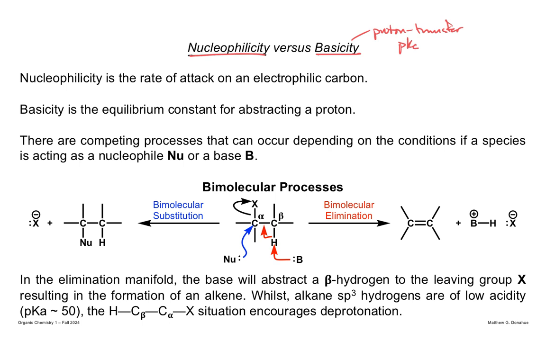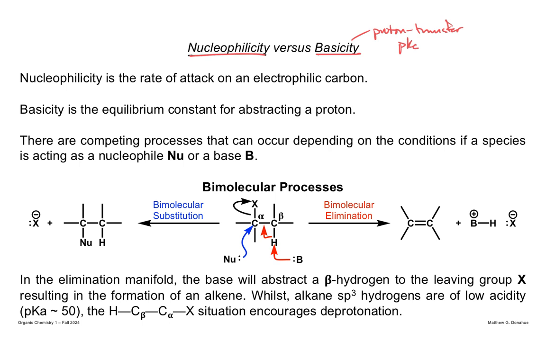So nucleophilicity is you're forming now carbon-carbon, carbon-nitrogen, carbon-oxygen bonds. So anything that forms an OH, NH, or CH, that's acid-base. And so now you have to look at those reagents and decide, is it going to be a base or is it going to be a nucleophile?